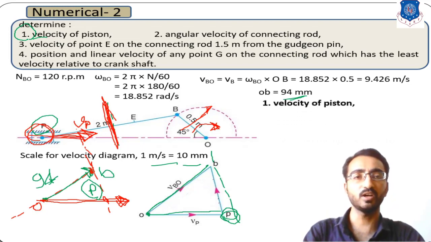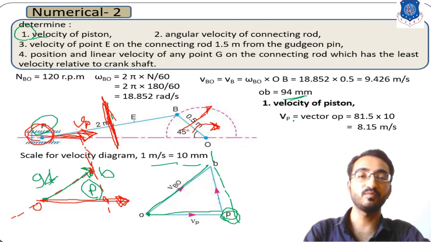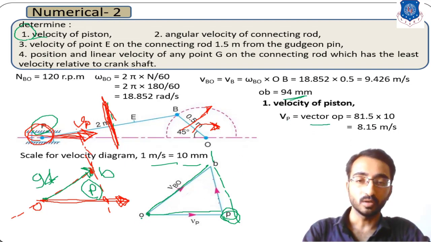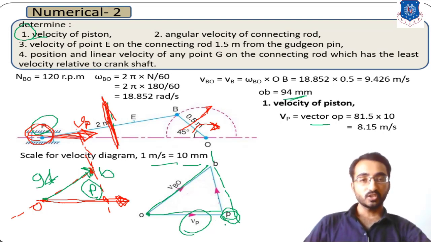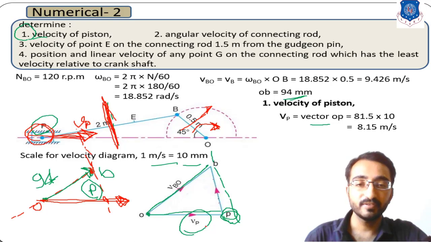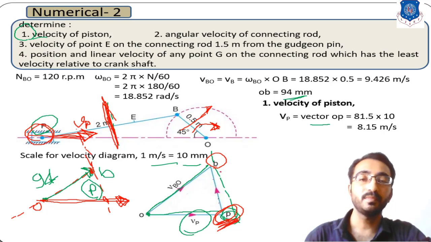So now over here velocity of piston is calculated as Vp is equal to vector of OP. Okay, now the question arises that if you want to calculate the velocity of point P, then you can measure it with 2 different points, the velocity of point P can be measured with PB as well as from OP.